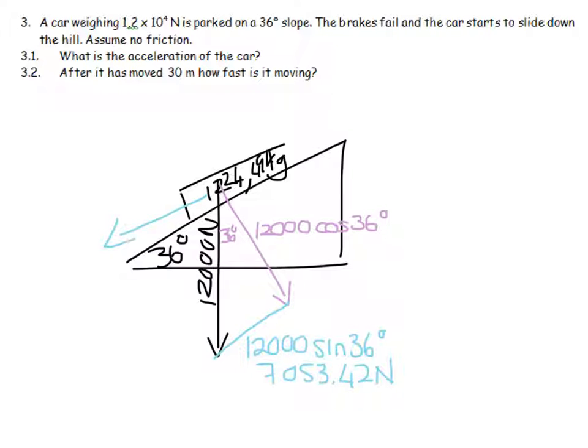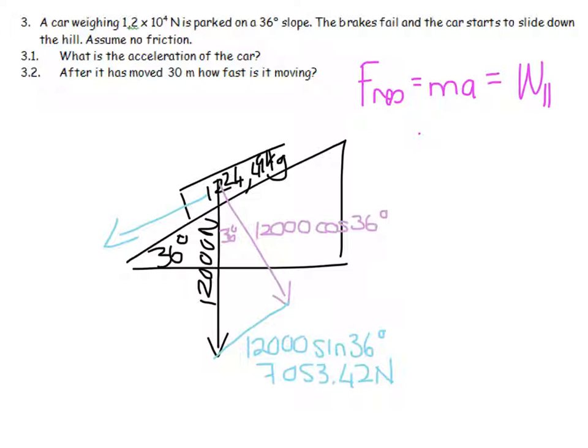So the brakes fail and it starts to slide down the slope. We've got the force with which it's going to slide down the slope. There's no friction, so I don't have to worry about friction. What is the acceleration of that car? Force resultant is equal to mass times acceleration, and it's big force minus little force. In this case, there is only one big force, and that is the component of weight parallel to the plane.